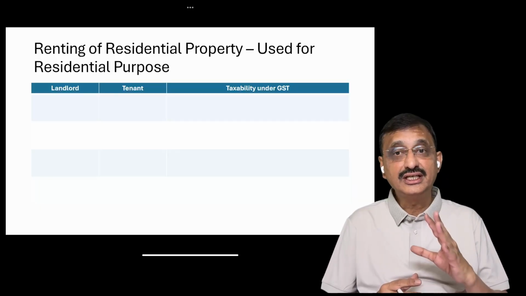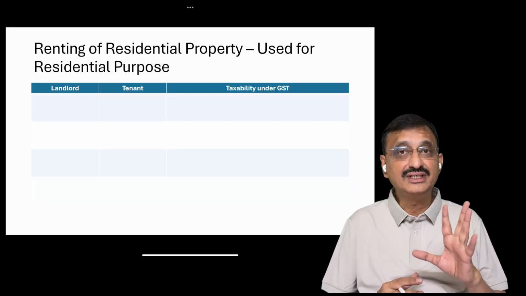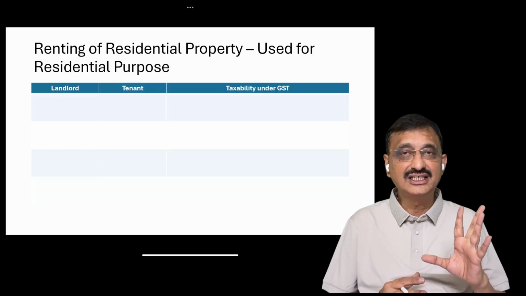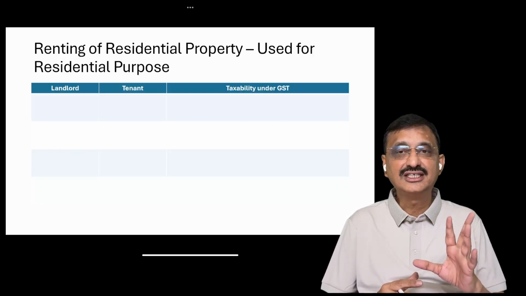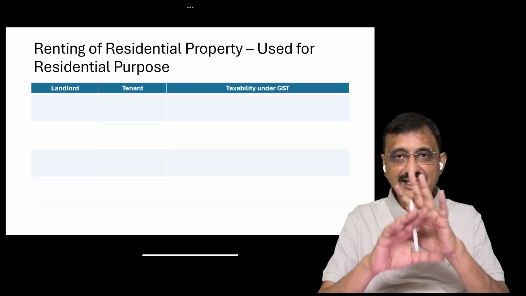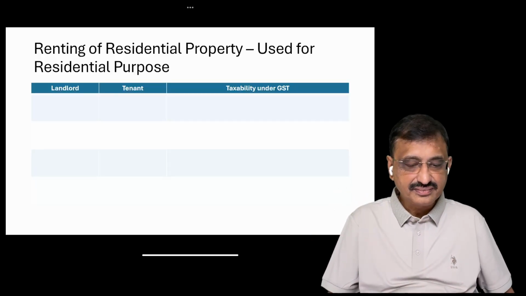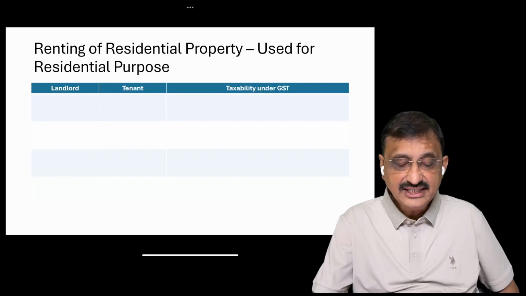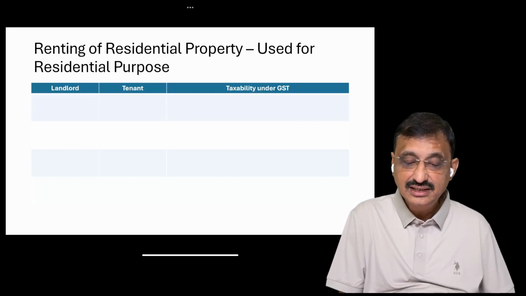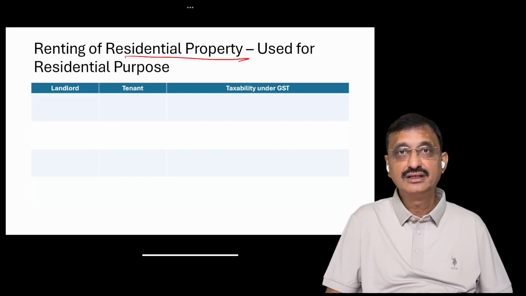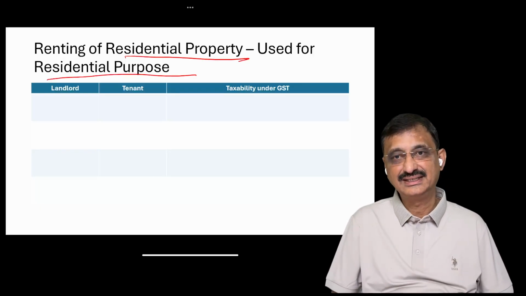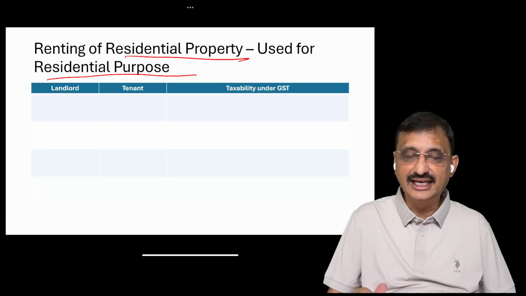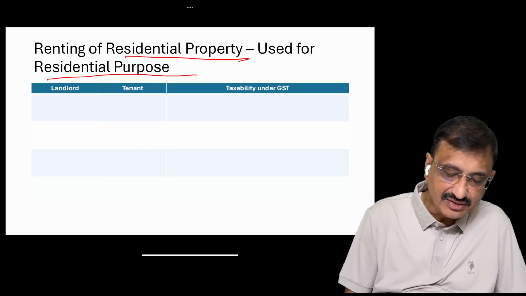And what is reverse charge as per entry 5AA and entry 5B of the reverse charge notification? Now let us summarize everything. Now, let us say the building is a residential property and it is used for residential purpose. Now, here, what is the situation?